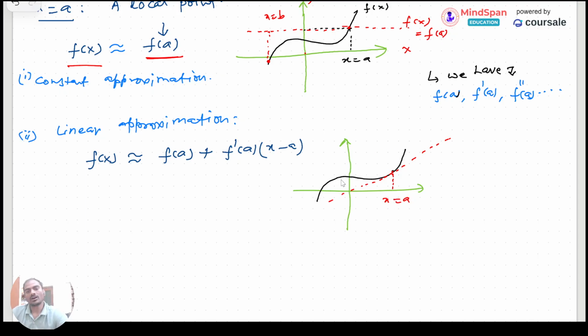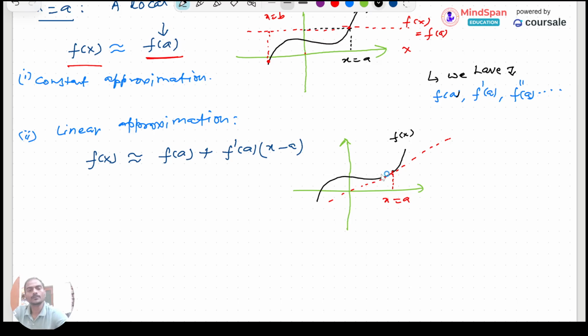Now see, now we have a little better approximation than the previous one. This new red line is closer to the function than the previous constant function, right? Let's not write those long terms again and again. Just write this as actual f(x), okay? This actual f(x) we don't know. Here, why are we drawing this?